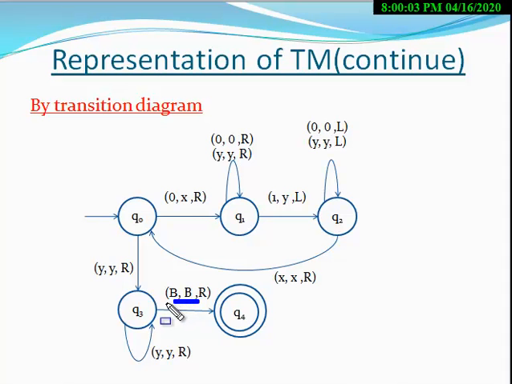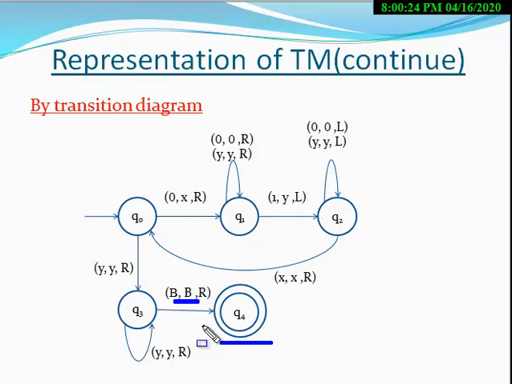As soon as tape symbol B appears at the state Q3, machine goes to the final state. Machine goes from Q3 to Q4, which is a final state, right? And B is not change and machine move in the right direction, right?